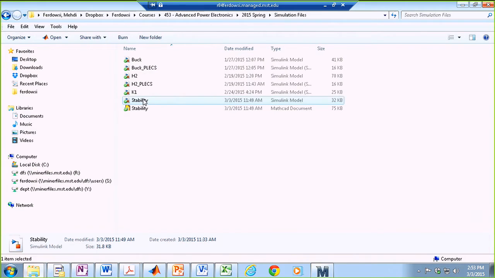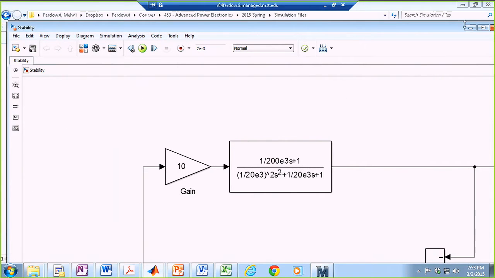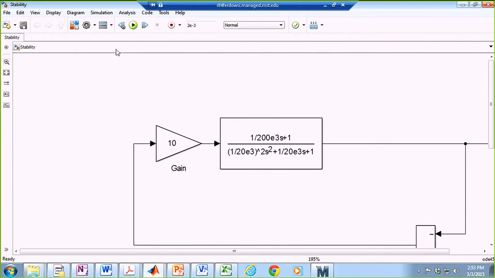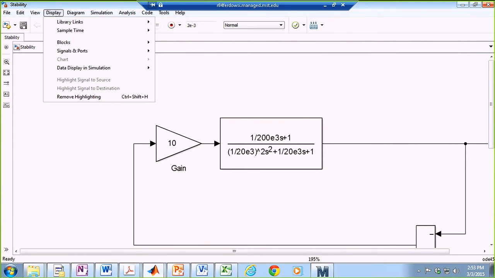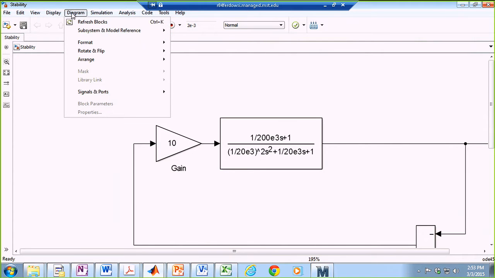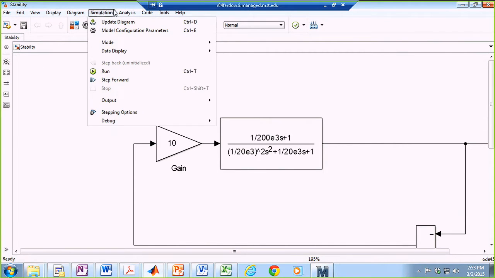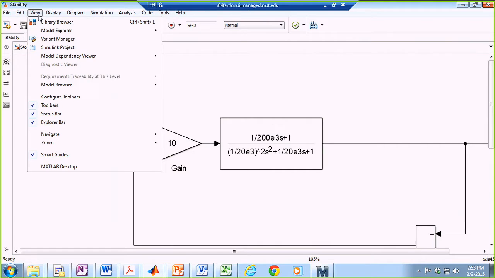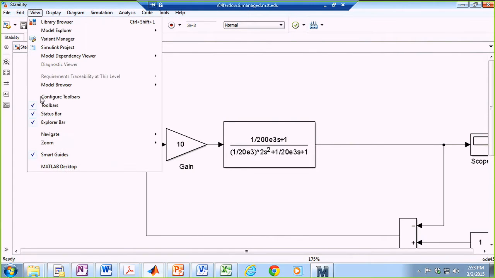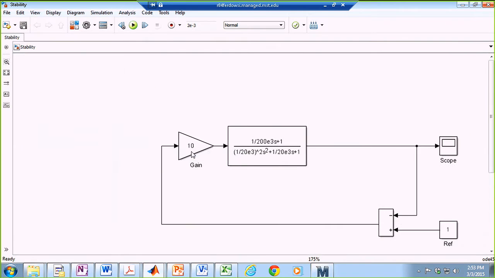So here I have a very, very simple closed loop system. Let's see if I can make it a little bit smaller. Okay. So I have a very, very simple control system.